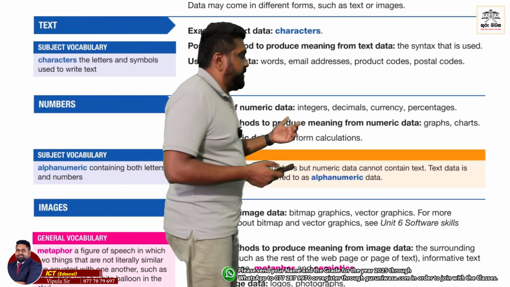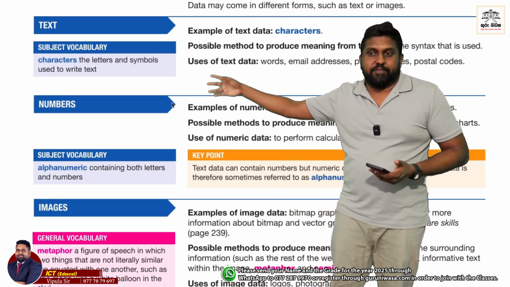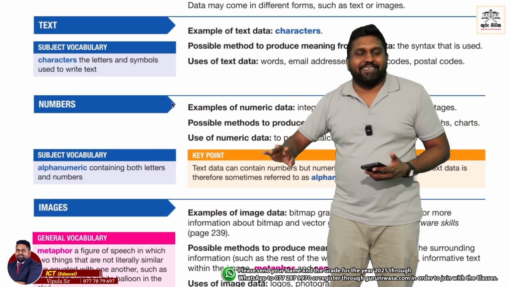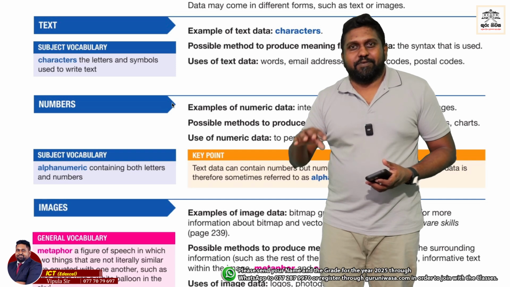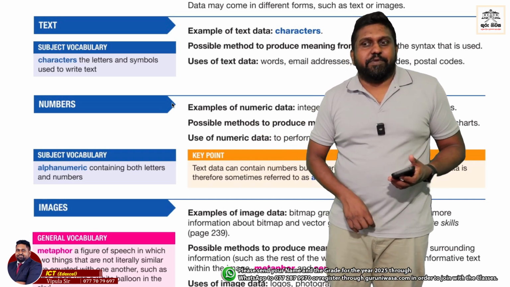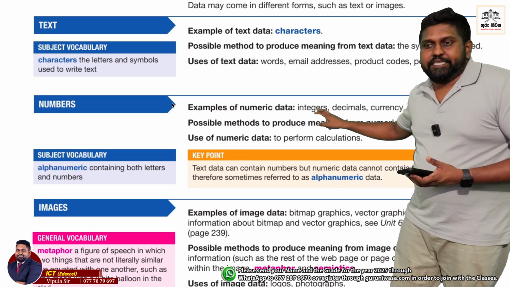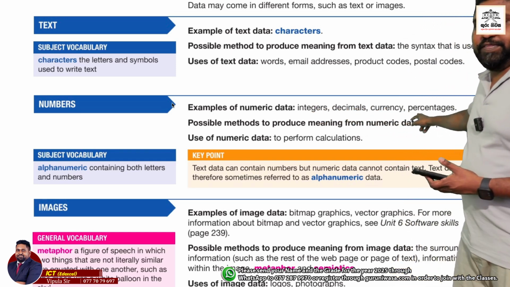Then we jump into numbers. Numbers are similar to text, but don't get this mixed up. Text can contain numbers, but what we call numbers is primarily integers, decimals, currency, or percentages.